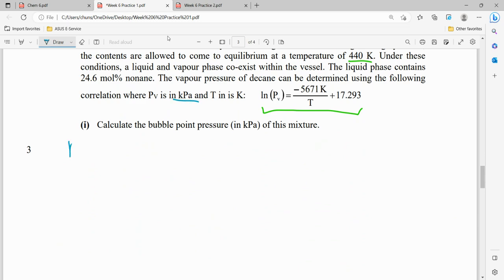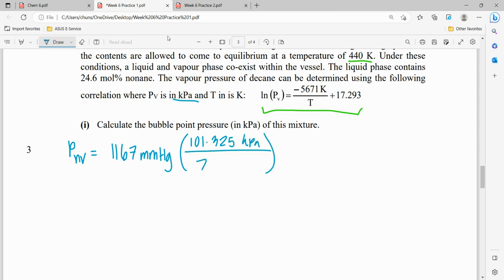For our nonane, we have 167 millimeters of mercury, and to convert it, we know there's 101.325 kilopascals for every 760 millimeters of mercury, and this gives us 155.587 kilopascals.